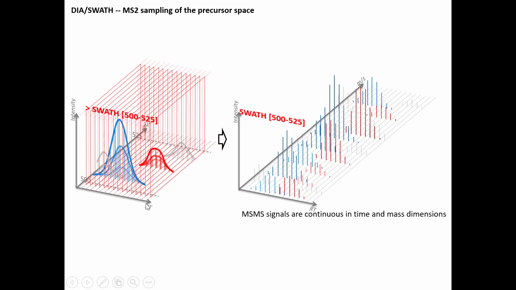So the retention time dimension is obvious, but if you stack a bunch of these windows together, you put another one of these precursor isolation windows here, you can eventually cover the whole mass range, and you have essentially both deterministic and complete data. But it comes at the cost of having these very highly complex MS spectra.